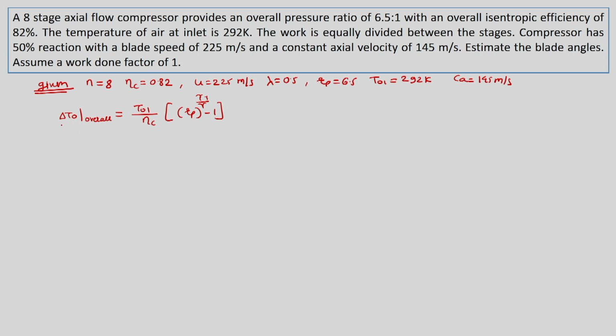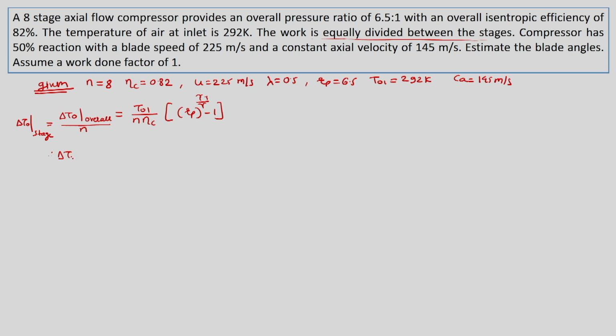temperature change, but for this overall temperature change, it is said that work is equally divided between the stages. So temperature change is equally divided between the stages, and this gives us delta T naught stage. So delta T naught stage is delta T naught overall divided by number of stages.